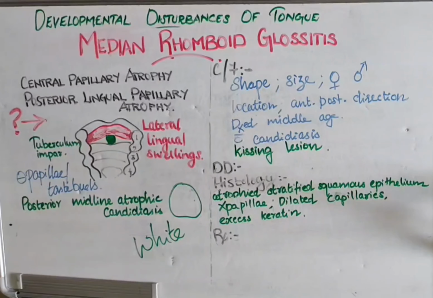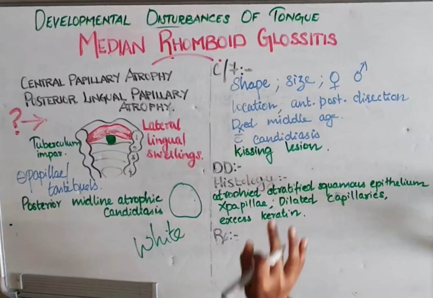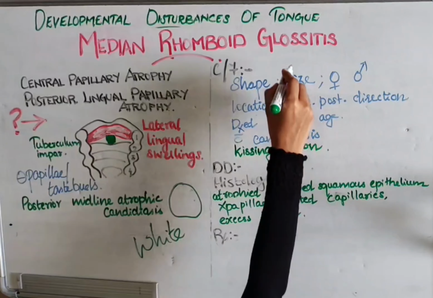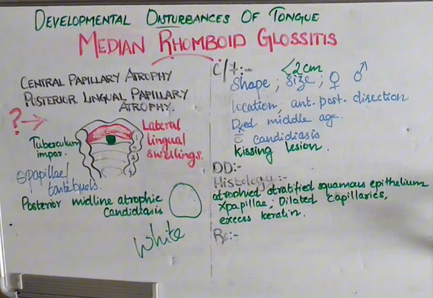Now coming to the clinical features. Coming to the shape, we know it is rhomboid. Coming to the size, it is every time less than 2 cm in greatest dimension. No cases have been reported more than 2 cm in greatest dimension.